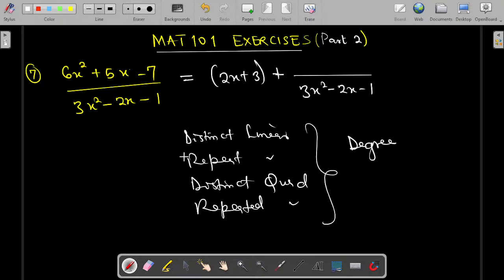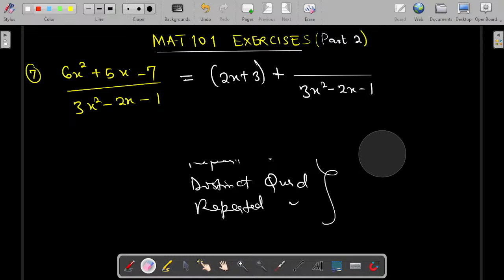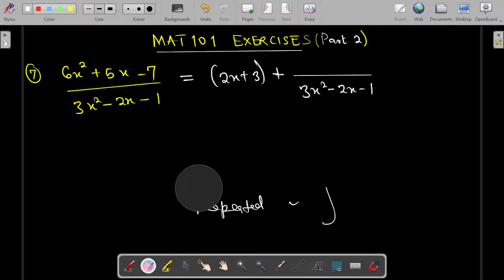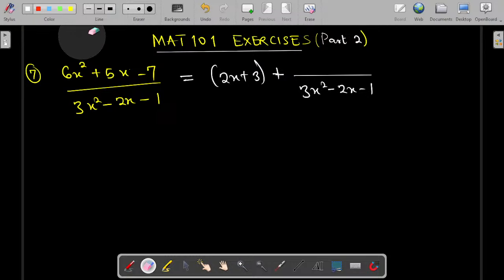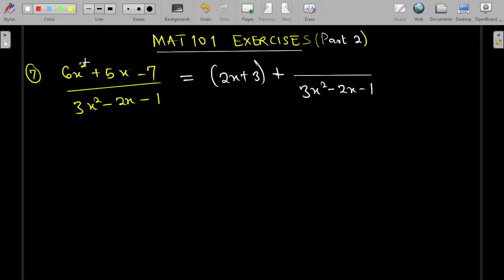If the degree of the numerator is equal to the degree of the denominator, or is greater, then you first reduce it, because for us to have partial fractions, the numerator must have a lesser degree than the denominator.